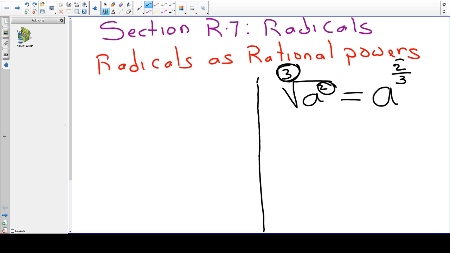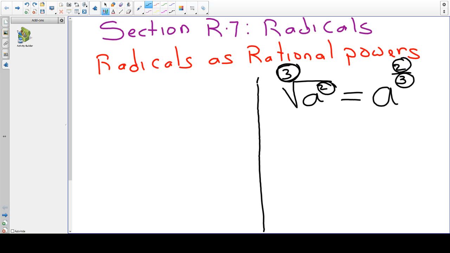And I have the power on top and the index at the bottom. Power over index. So this is what we will be doing in this second half of this section R7.